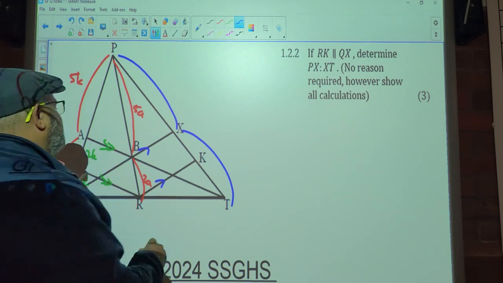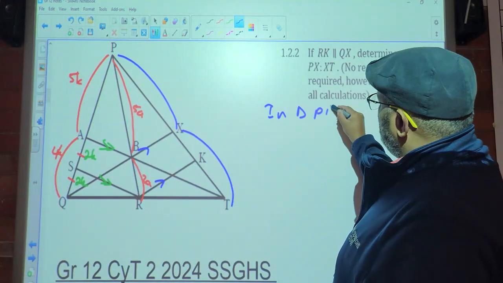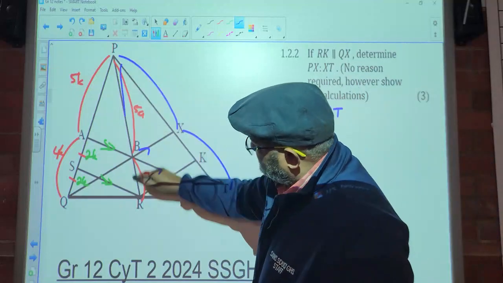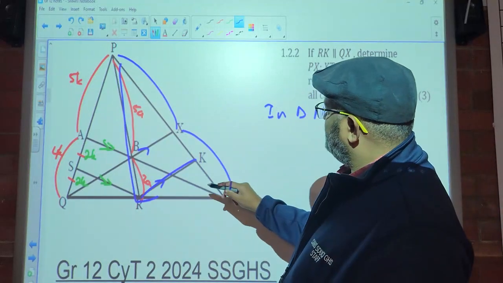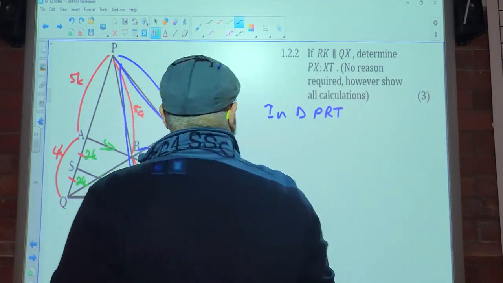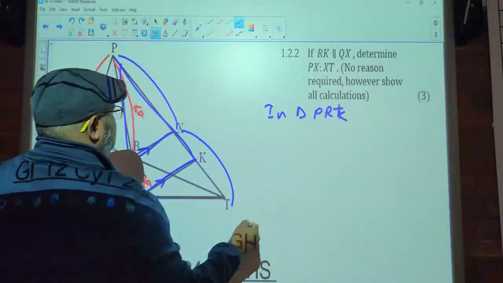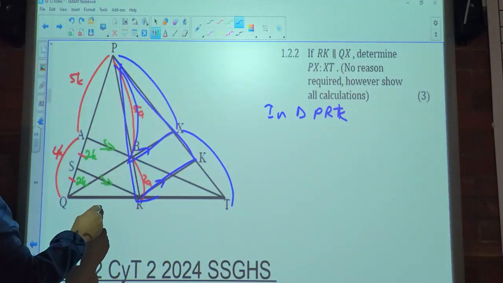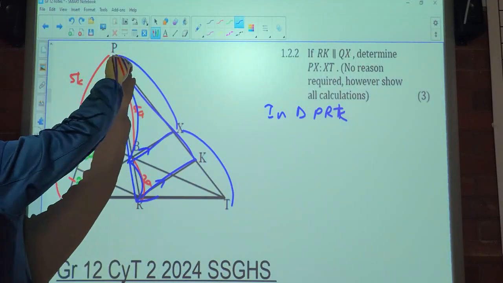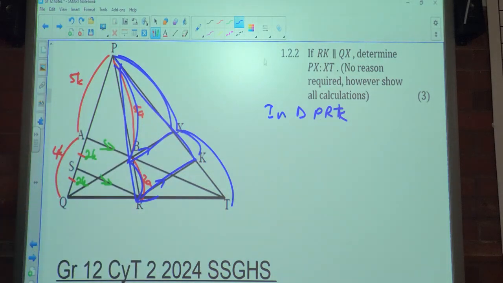Okay, so from here we can see in this triangle, in triangle PRT, in this triangle. Don't mark it wrong, in triangle PRK. Okay, I can say that PB over BR is equal to PX over XK. Not so.